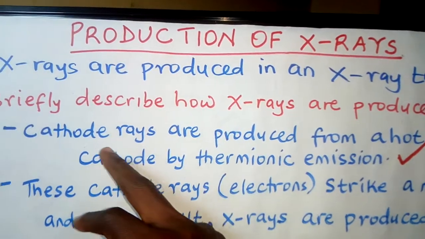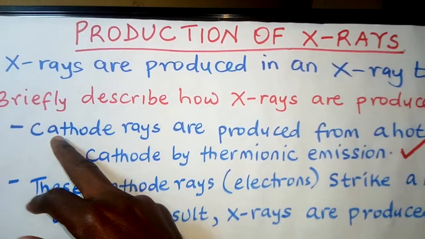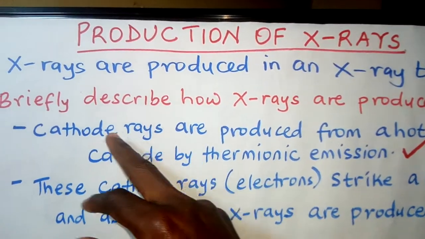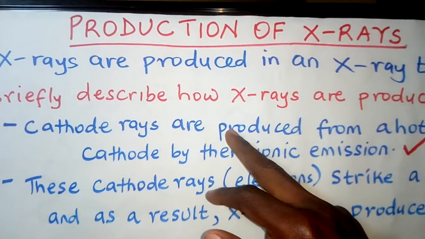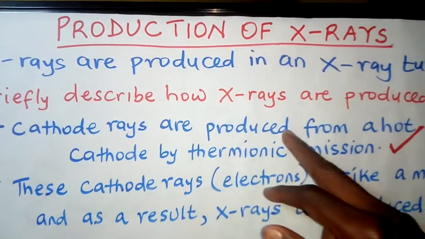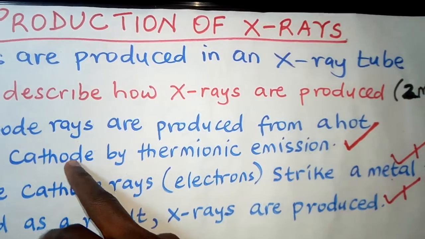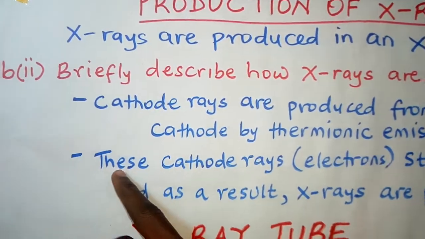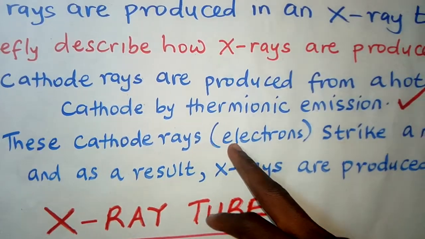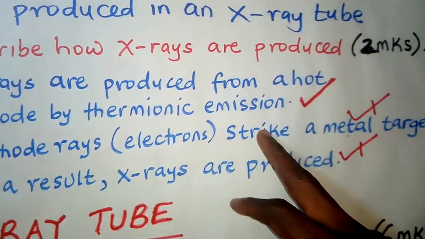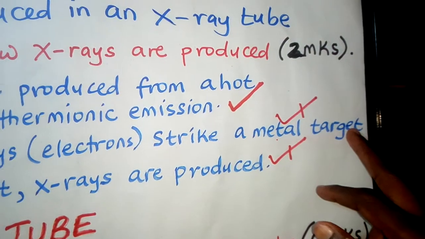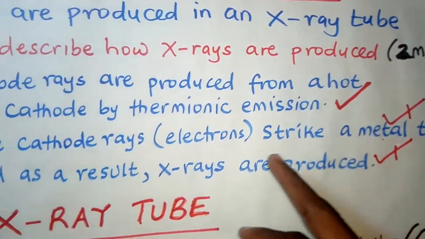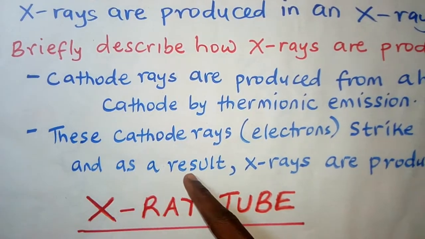So the first statement: first thing is first, cathode rays must be produced first. So cathode rays are produced from a hot cathode by thermionic emission. Now what happens to the cathode rays? These cathode rays, which are the fast moving electrons, strike a metal target. And once they strike a metal target, as a result, what happens?